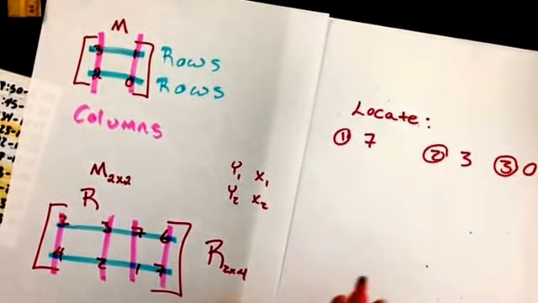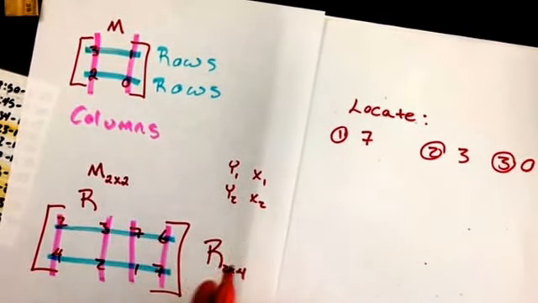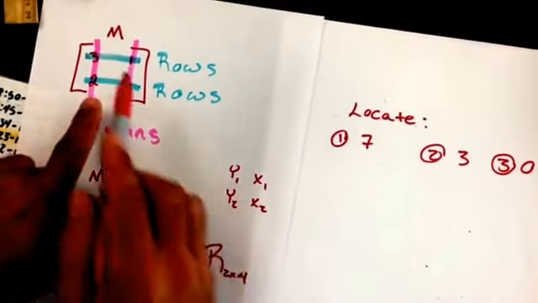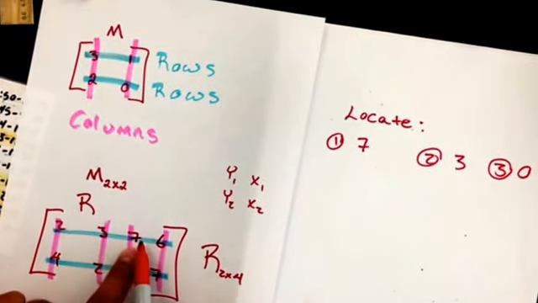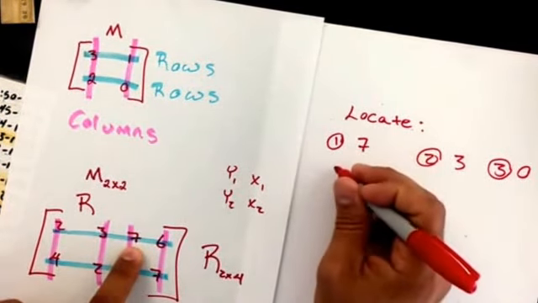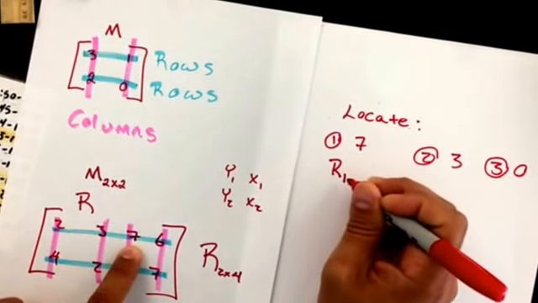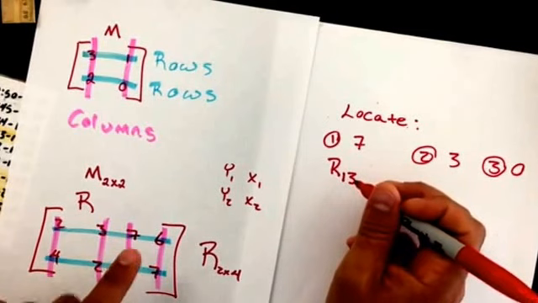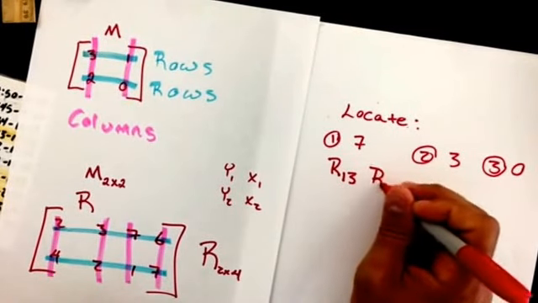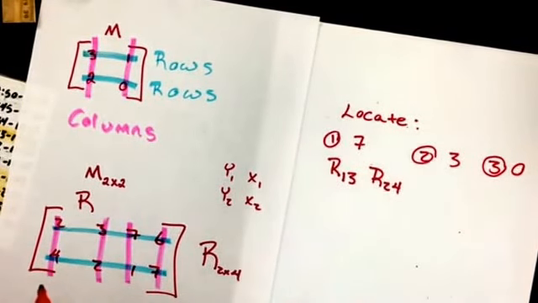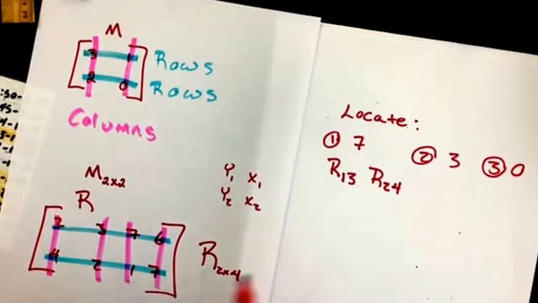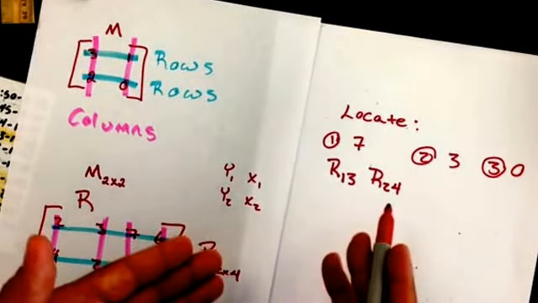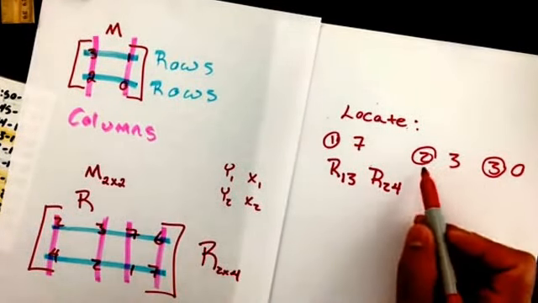So what this is asking me is what matrix and location is the number 7? No 7 here. There's a 7 right here. So 7 is in R, 1, 3. First row, third column. It's also in R, 2, 4. Second row, fourth column. So there's 2 different 7s, so I would put both answers down.